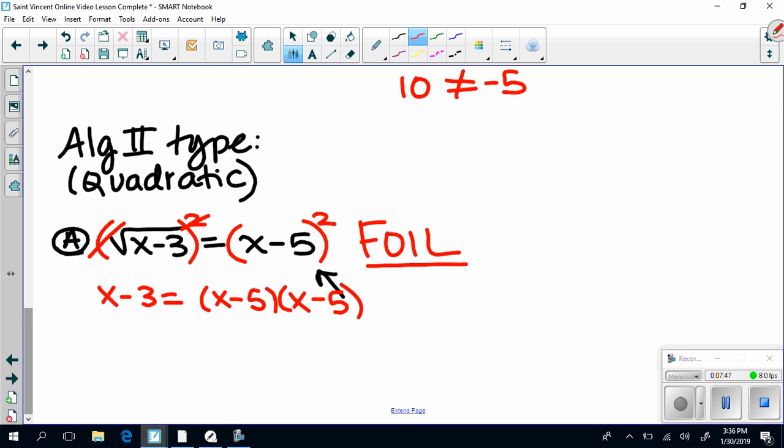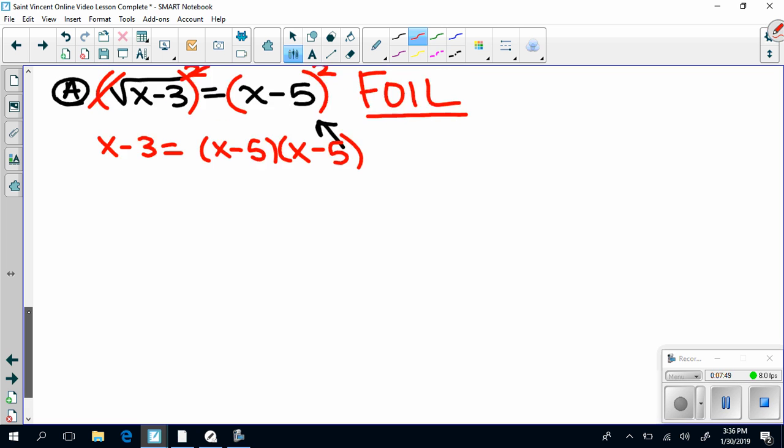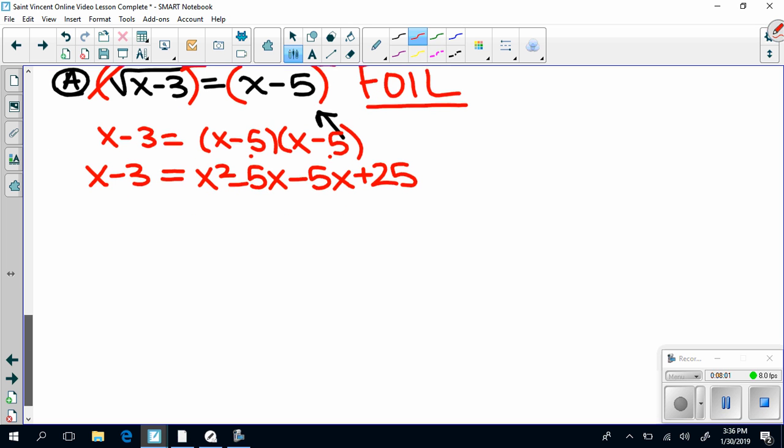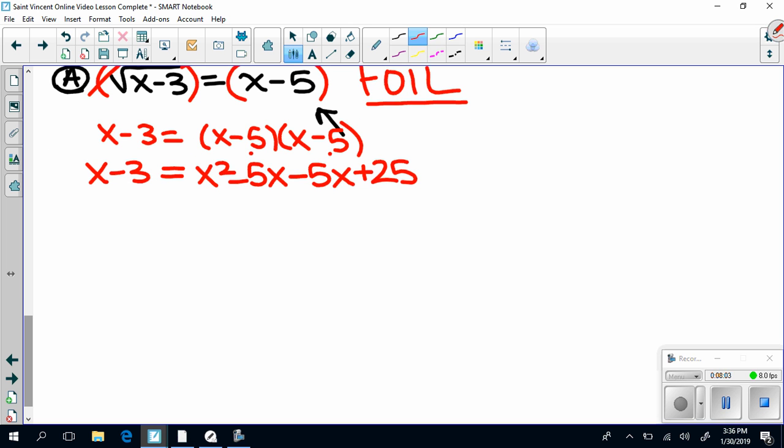So x minus 5 times x minus 5 is x squared minus 5x minus 5x. Negative 5 times negative 5 is positive 25. You should be good with foiling after last week. If I keep simplifying, I end up with negative 10x plus 25. And you can see there is the x squared.